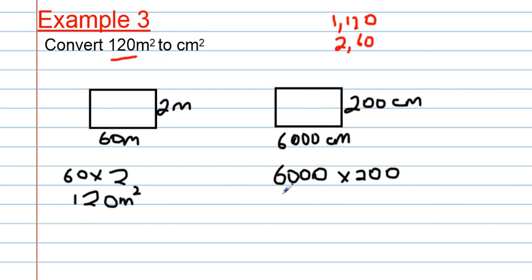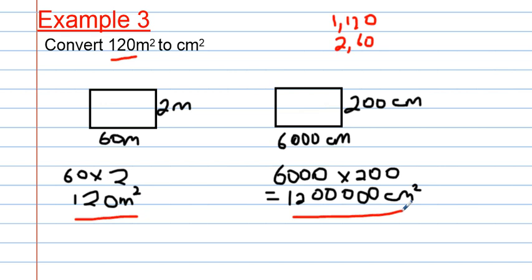So 6 times 2 is 12, and how many zeros? 2, 3, 4, 5. Centimeters squared. So we've done the conversion there. So it means 120 meters squared is the same thing as 1.2 million centimeters squared.